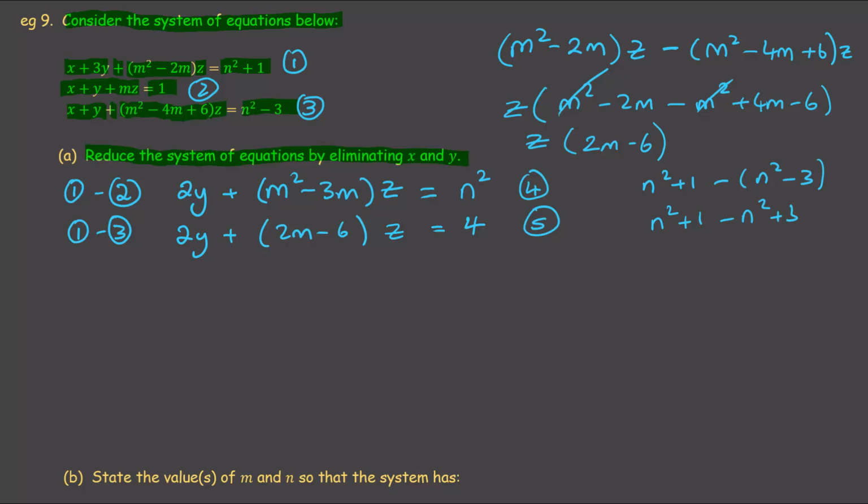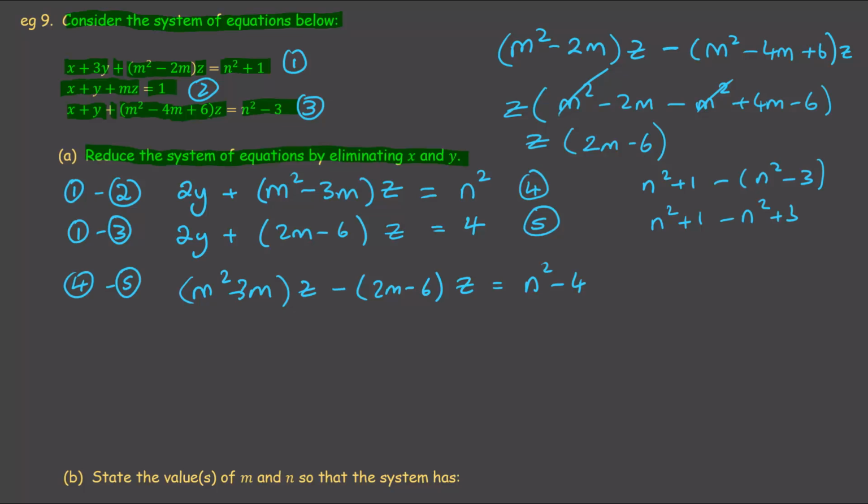We can then do equation 4 take away equation 5, since both of those equations have 2y. And then we'll have m squared minus 3mz take away, correction, there's 3 m's there, isn't there? m squared minus 3mz take away 2m minus 6z equals n squared minus 4.